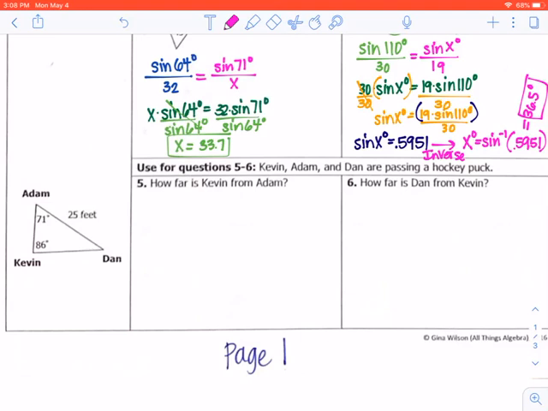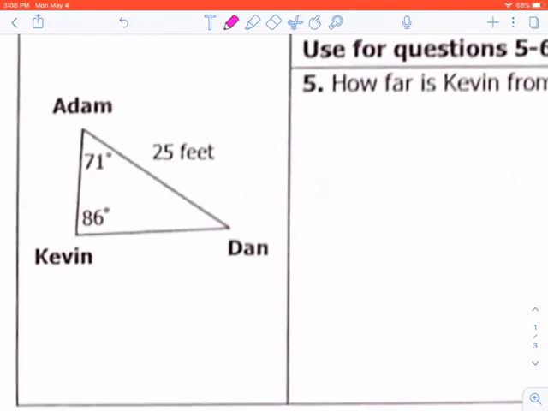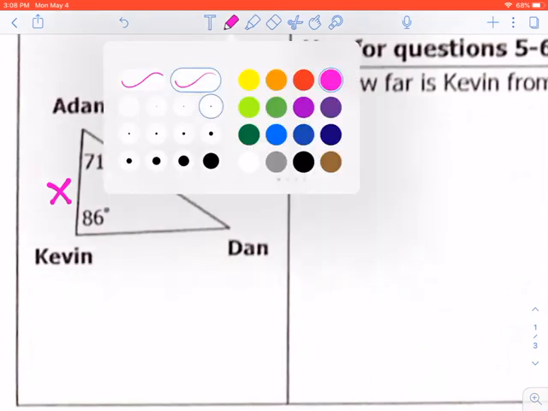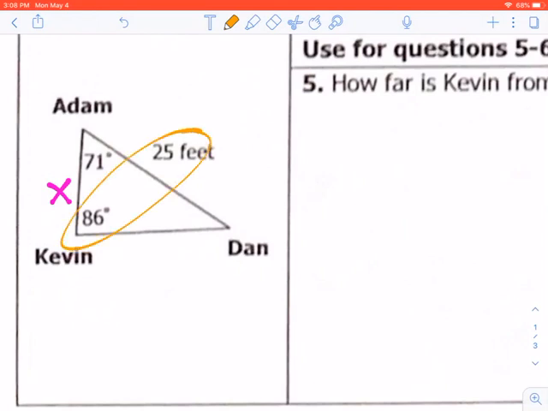So it says Kevin, Adam, and Dan are passing a hockey puck, and we want to know for number 5, how far is Kevin from Adam? So I will call that value X right here, Kevin from Adam, okay? And so this is all the same. We have this angle side pair, 86 degrees and 25.